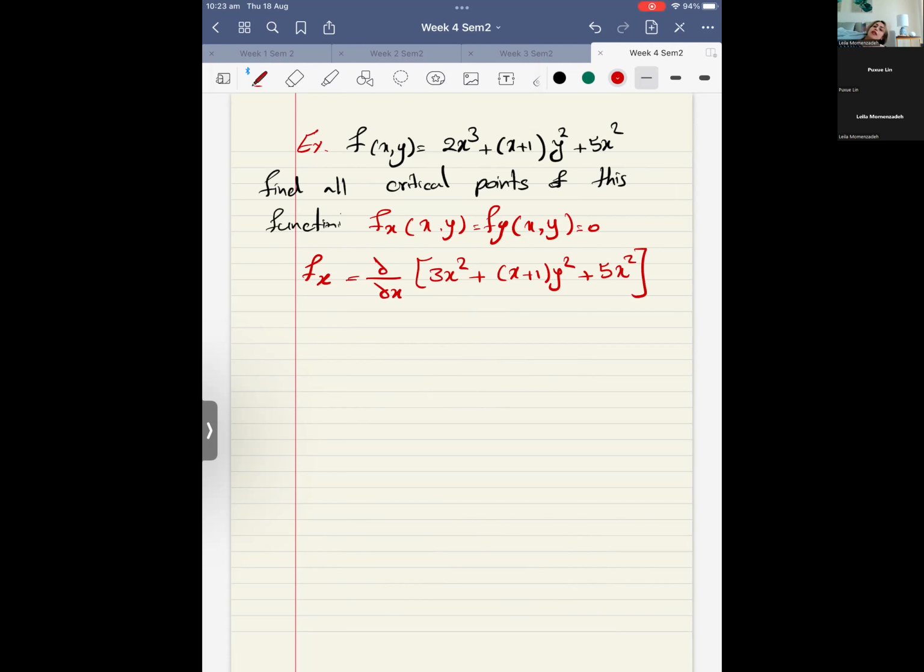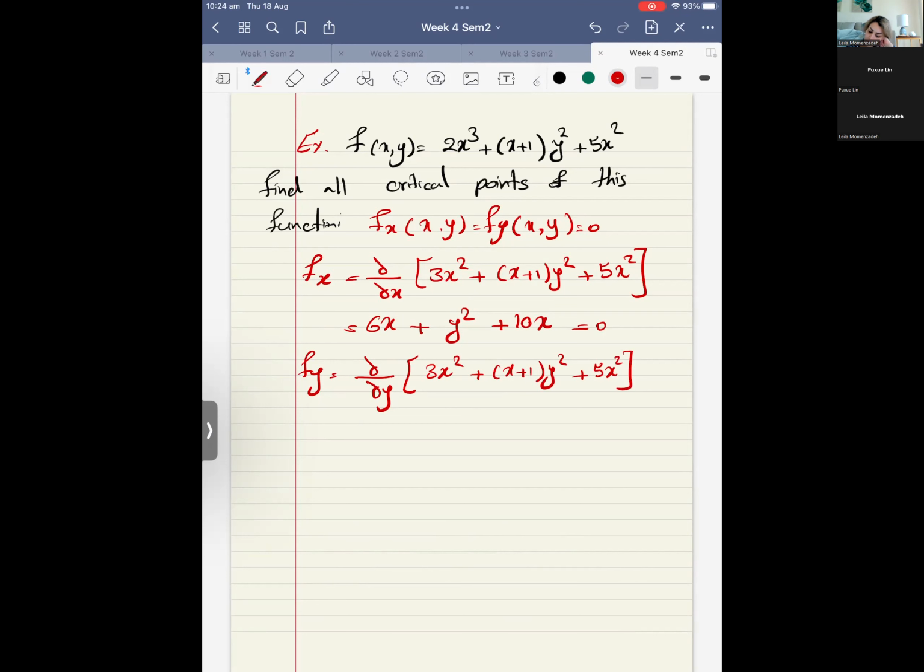At this point, y is a constant, so the derivative with respect to x would be (3x2 plus 1) y squared plus 10x, equal to 0. Now with respect to y, f y is the partial derivative of (x3 plus x plus 1) y squared plus 5x2.